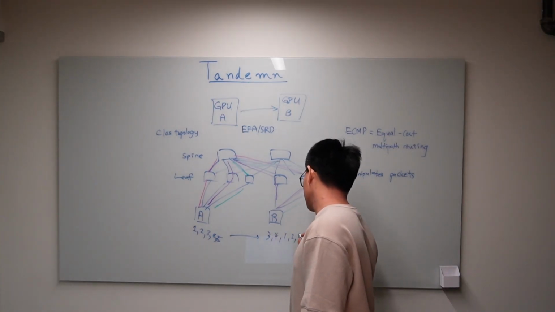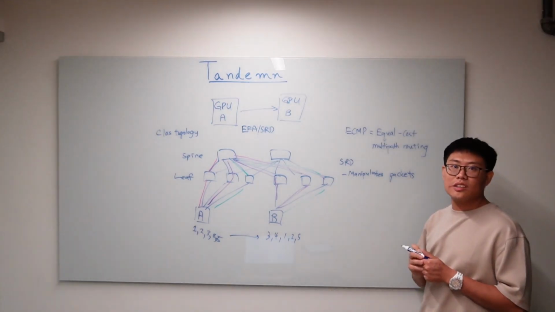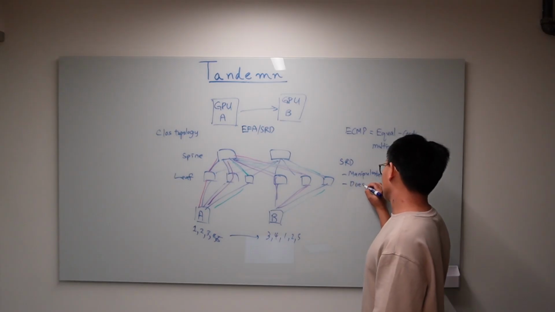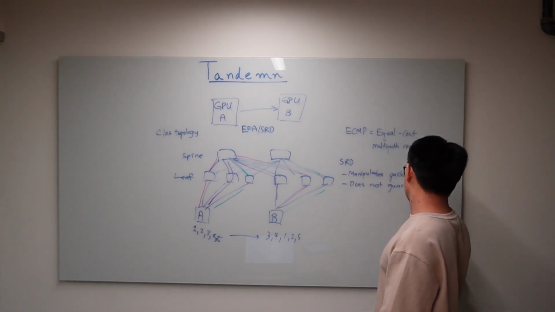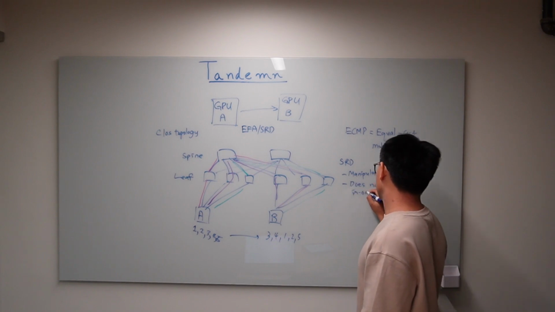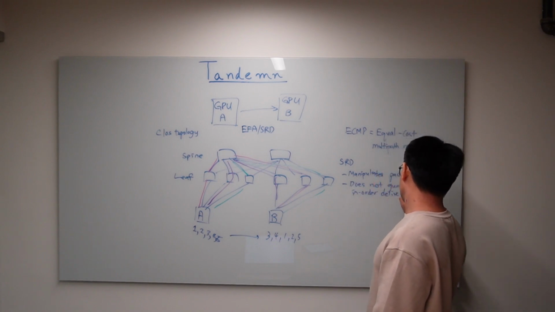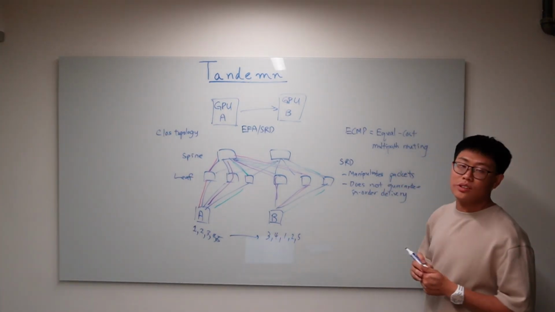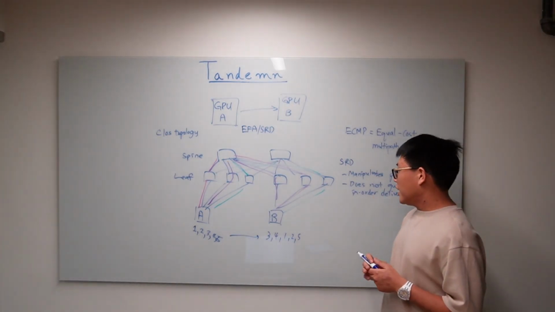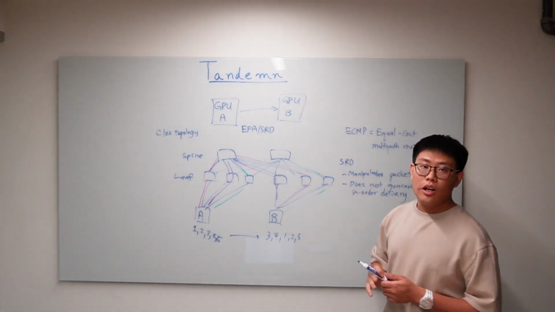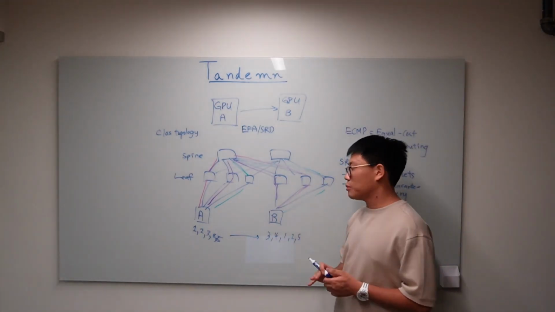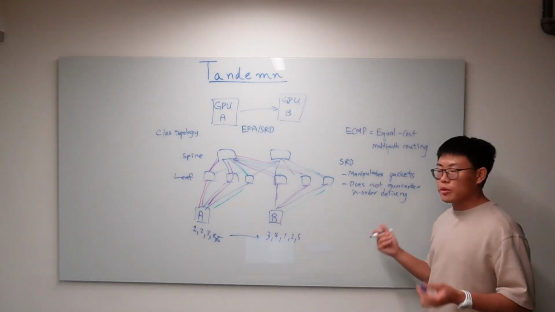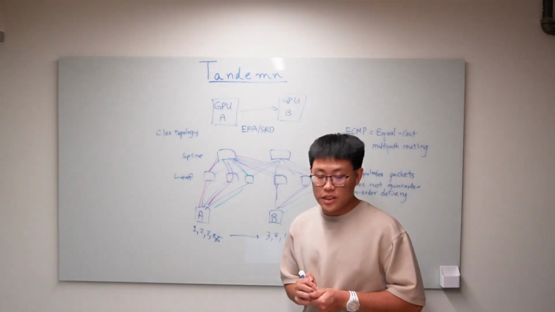So to reconcile with this, SRD does not guarantee in-order delivery. SRD as a transport protocol does not guarantee in-order delivery of packets, and it is up to the application on the other node to determine whether it needs in-order packets. This turns out to be fine for a lot of applications, because not every application needs the packets to arrive in the same order as they were sent.